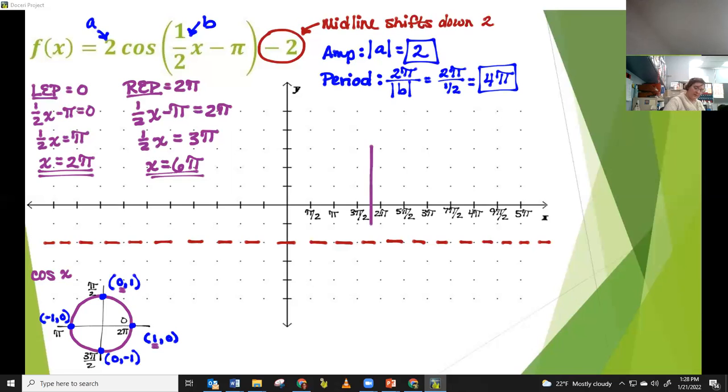I know I'm going to be somewhere in here. I just need to figure out where. Maximum, minimum, or on the midline for cosine.